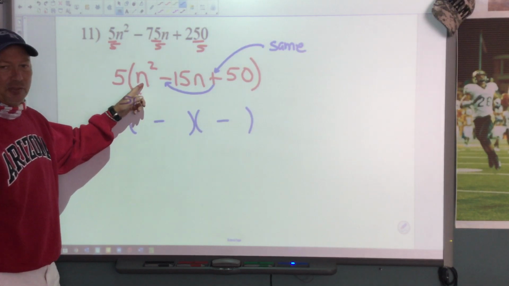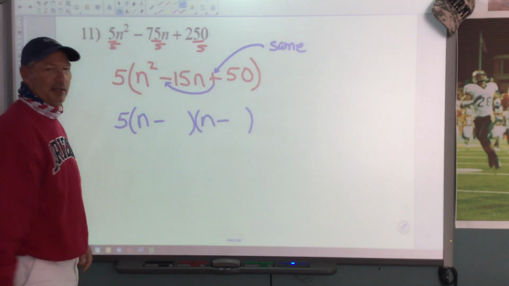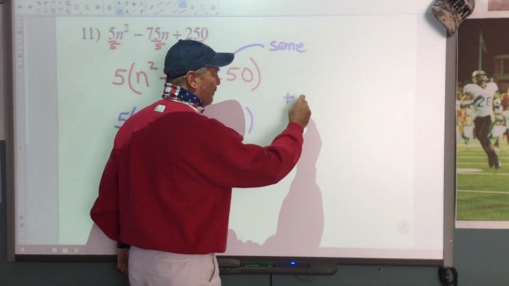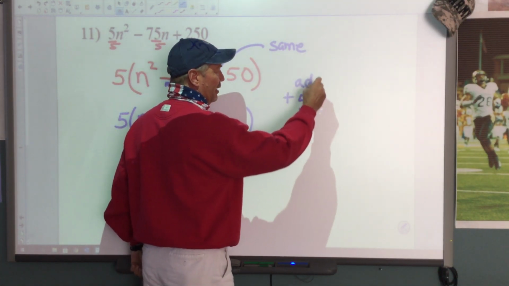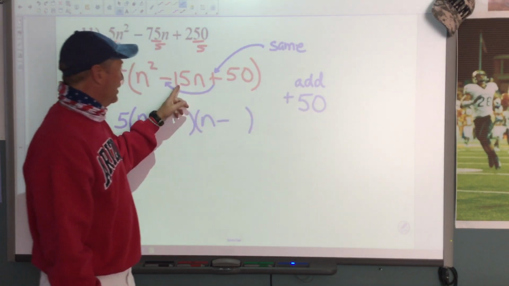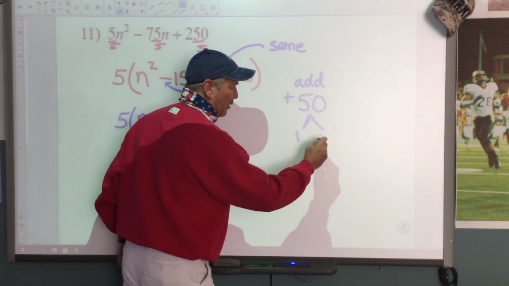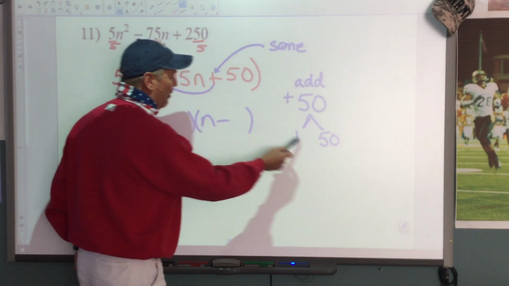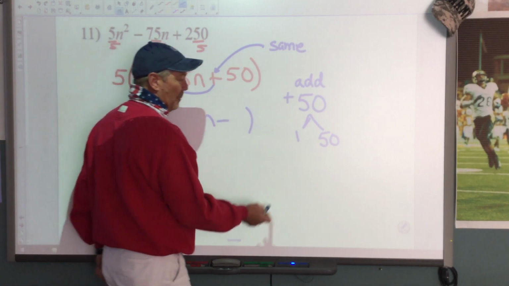I break down the n squared as n times n. My back number is a positive 50. Since it is positive, we're going to add to find our combination. We're looking for numbers that when you multiply them together, they give you 50, but when you add them, they will give you a 15. So we have 1 times 50.